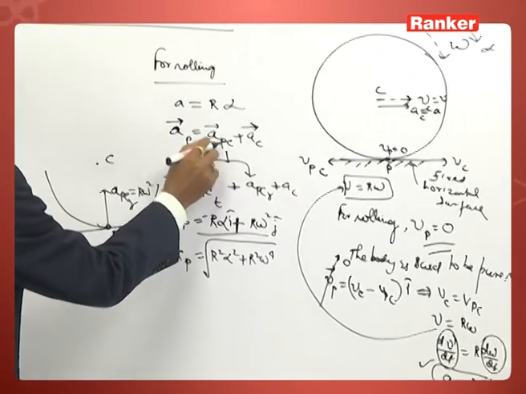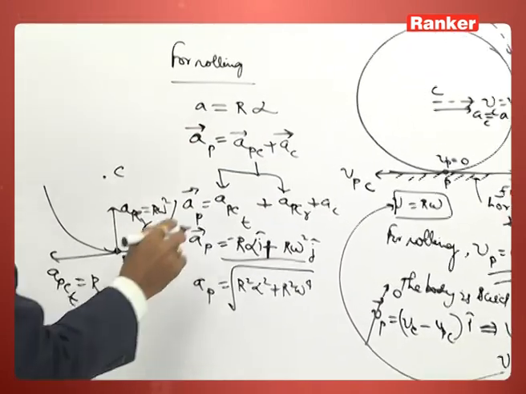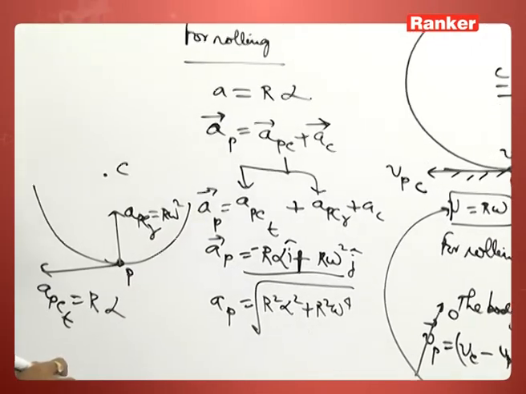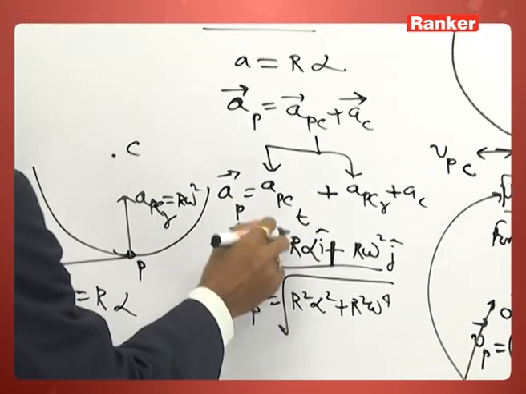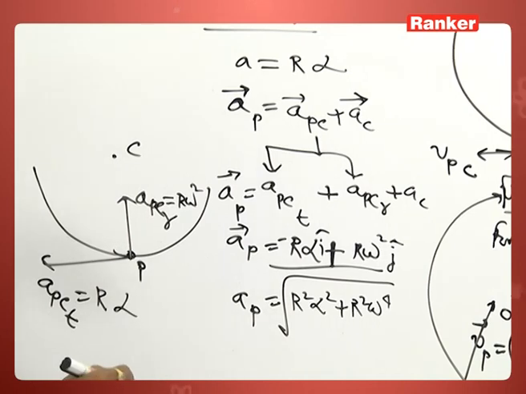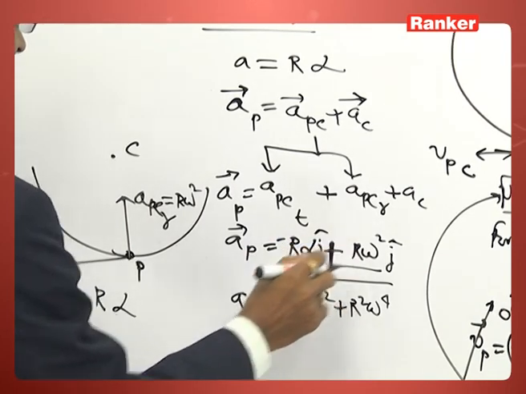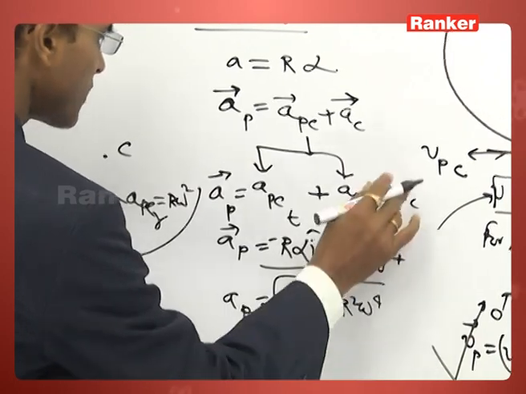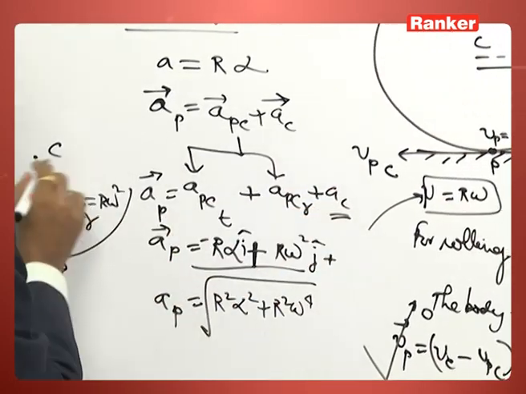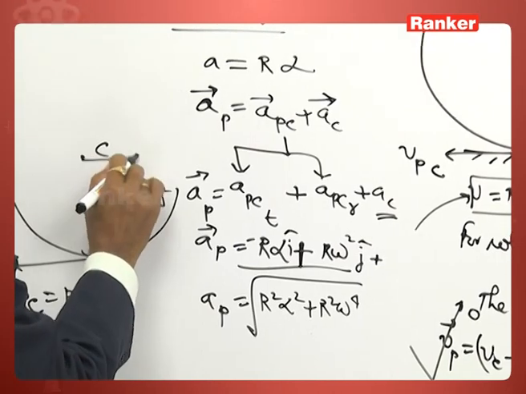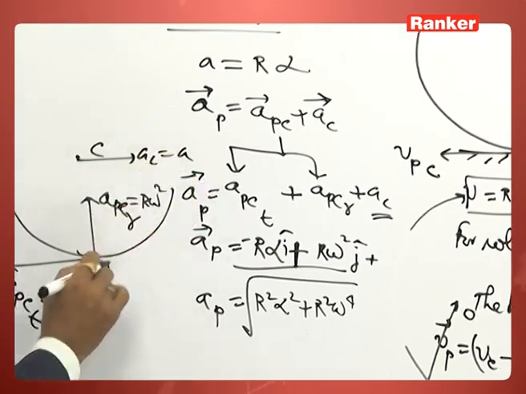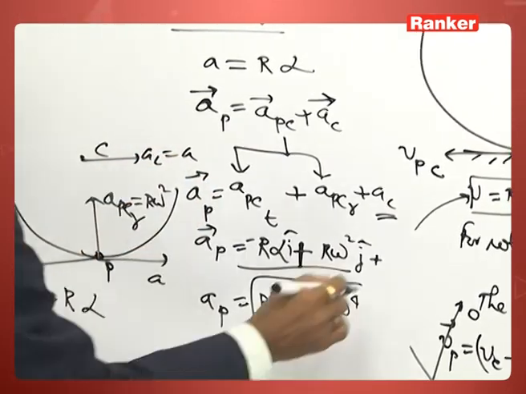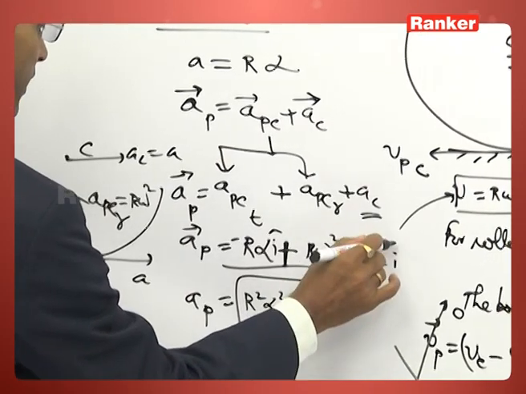AP is equal to APC plus AC. APC has two components. APC tangential is minus r alpha. APC radial is r omega square. This we forgot to include. AC, acceleration of the center of mass, is A i cap. So plus A i cap.